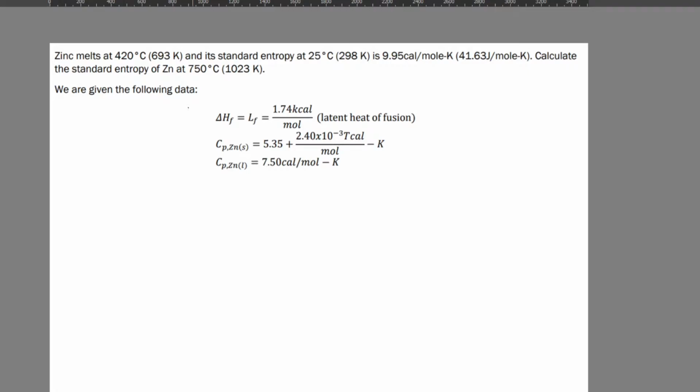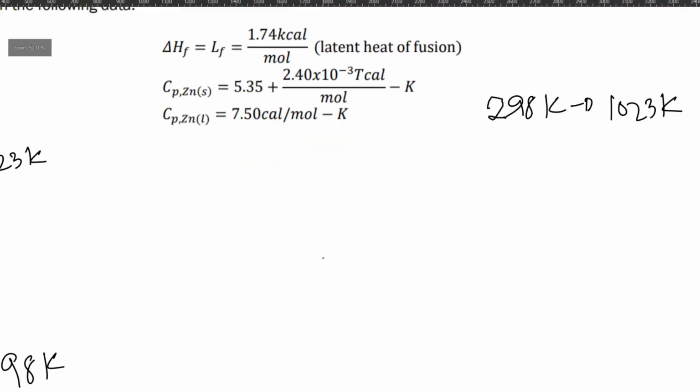So for zinc, we are raising the temperature from 298 Kelvin to 1023 Kelvin. Let's put this as 298 and 1023 Kelvin, and let's zoom in.